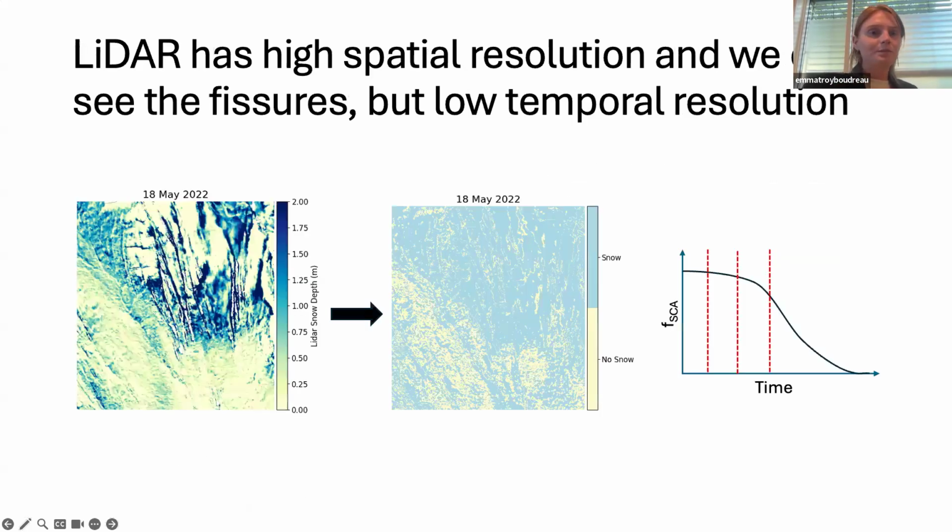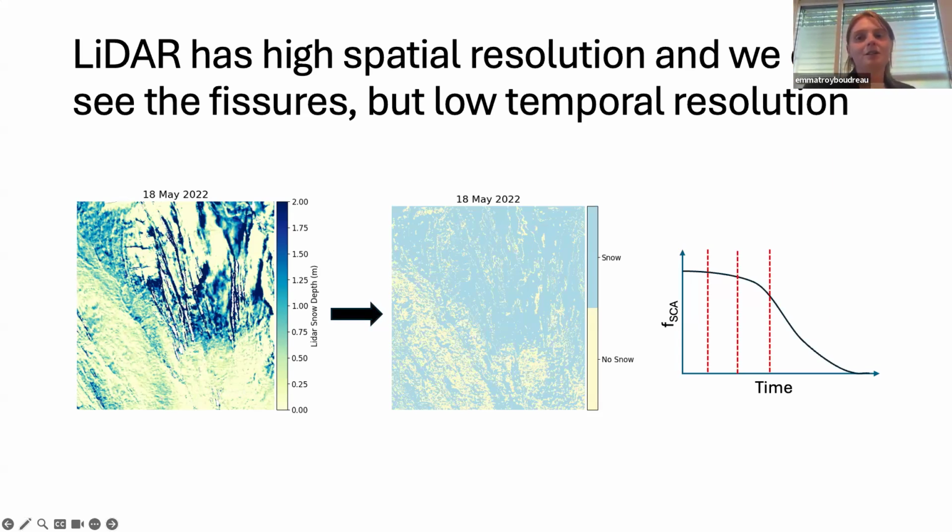And so if we want to see these really heterogeneous snow piles that gather in these deep fissures, we can use LiDAR as one way to do this. It's laser altimetry, light detection and ranging.